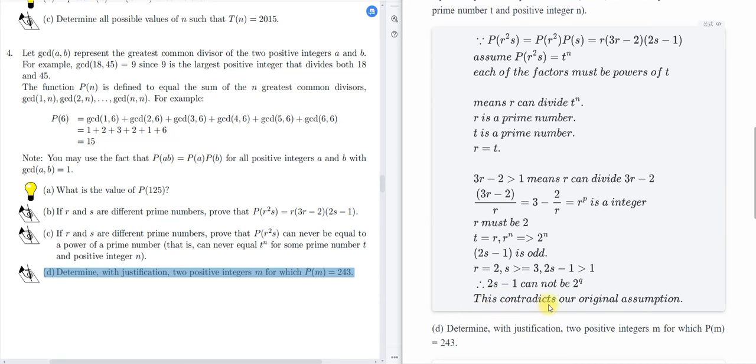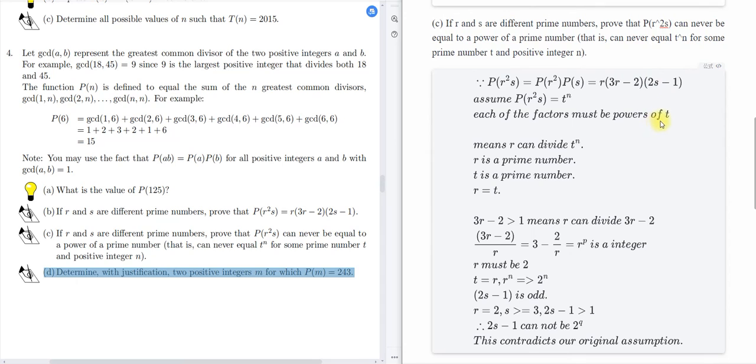This contradicts our original assumption, which is that 2s minus 1 must be a power of 2. So that means p r squared s can never be equal to a power of a prime number.